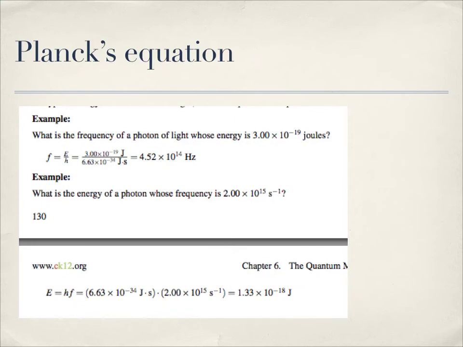Once again, we've done some of these equations, so they shouldn't be too bad. Here's Planck's equation: E = hf, where h is 6.6 times 10 to the negative 34, and our energy is whatever we say.